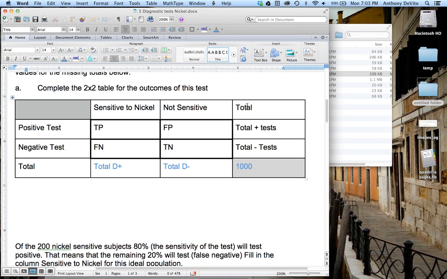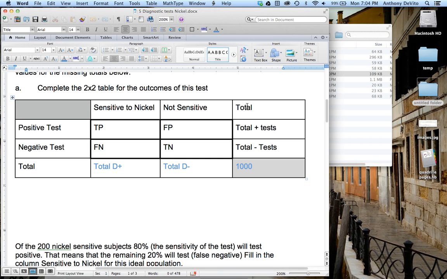In the columns, we have people that actually are sensitive, have the disease, or people that are not sensitive. This is a population that has a low prevalence of sensitivity to nickel.